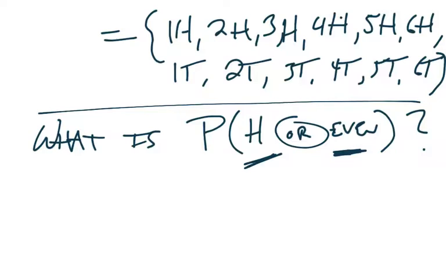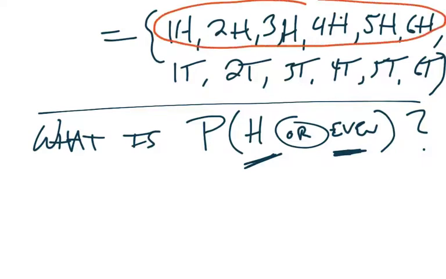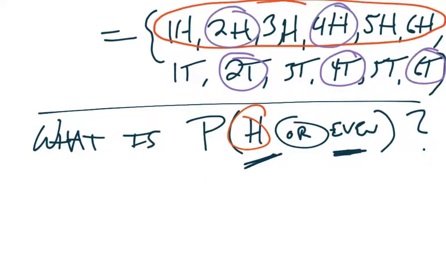All right, let's identify these. All the events that have the coin showing heads are right there. There's 6 of them, and that's the head events. And all the ones that have an even number are here.